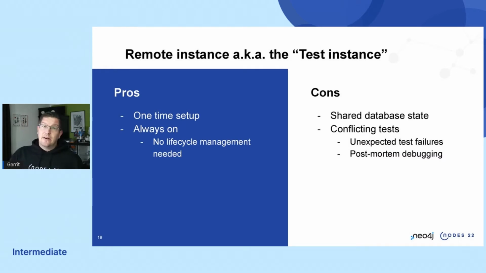But on the downsides, you now have a shared database state. That means, even if you would think that you don't share anything, you might share. And that comes, of course, in the focus of testing, becomes more visible.